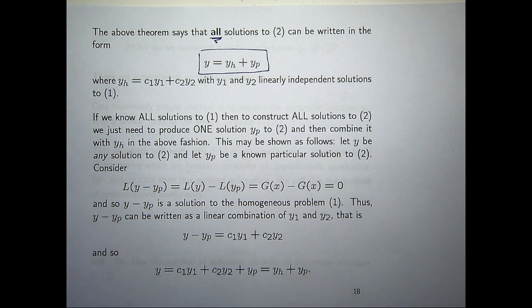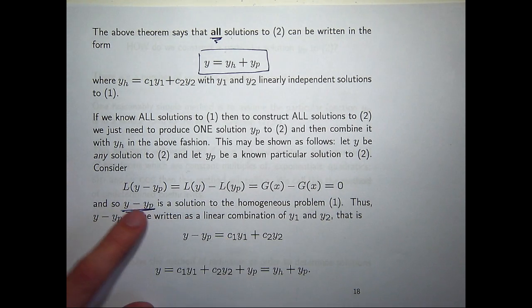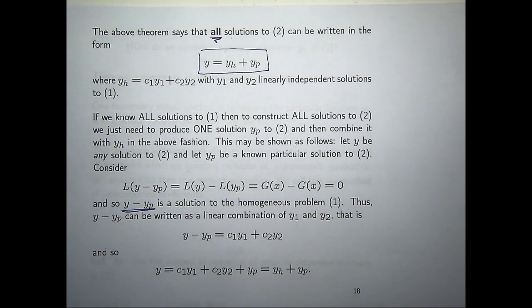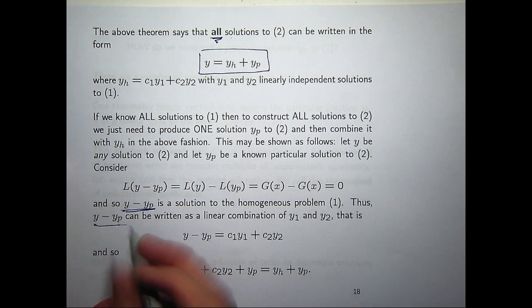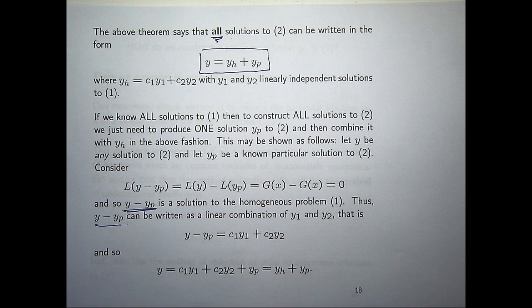So what does that say? It says the difference of these two solutions to the inhomogeneous problem is a solution to the simpler homogeneous problem. So what does that mean? Well, it means that this difference can be written as a linear combination of y1 and y2, where y1 and y2 are linearly independent solutions to the simpler homogeneous problem.